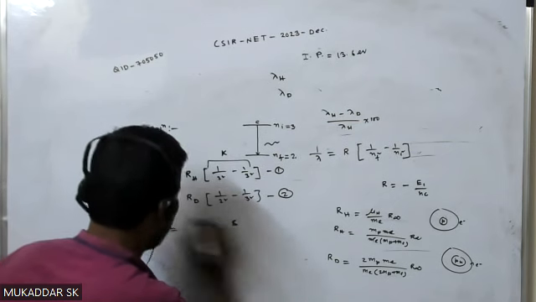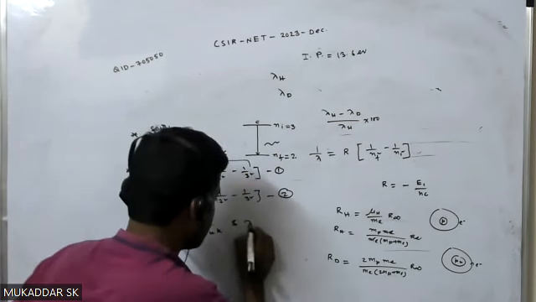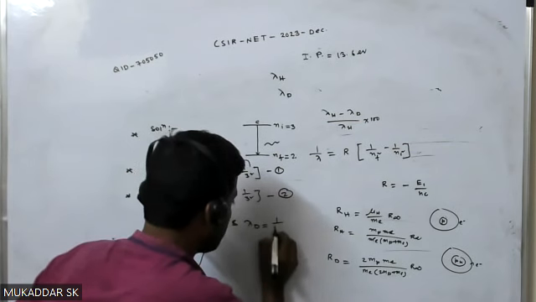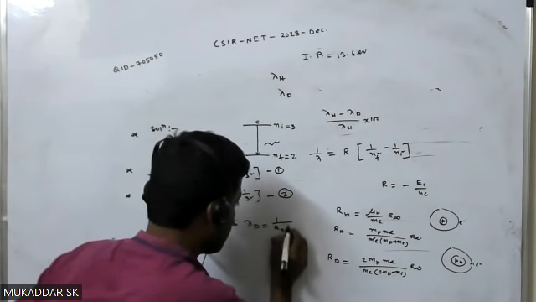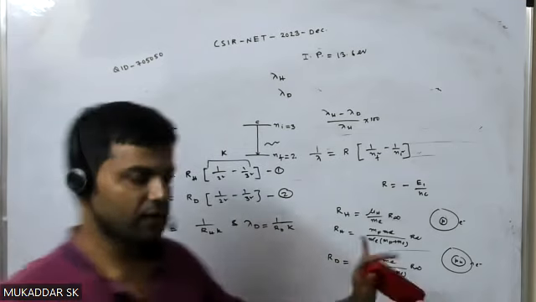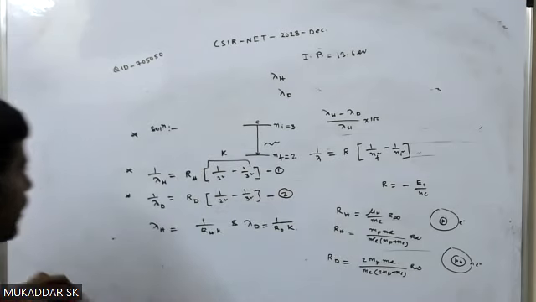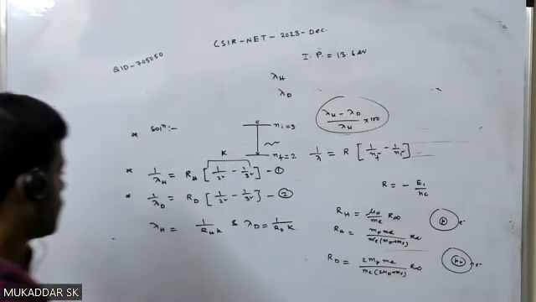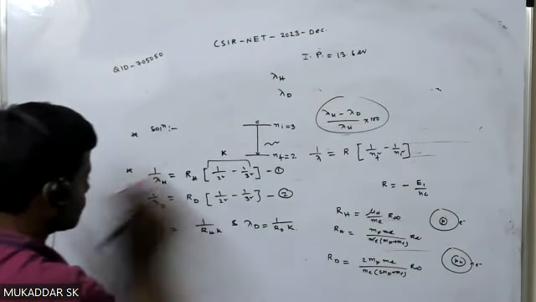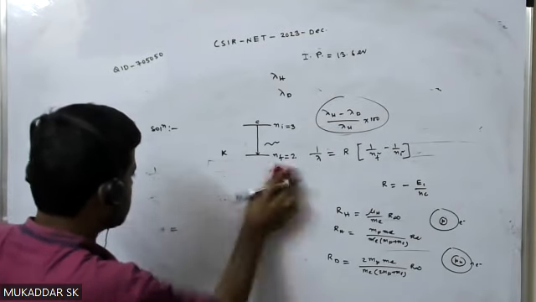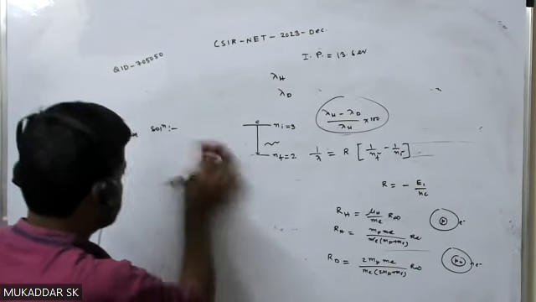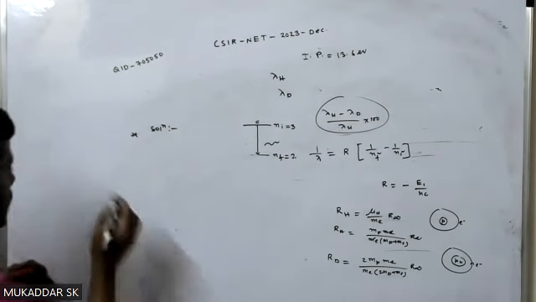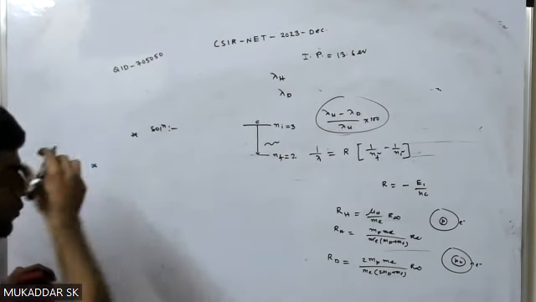The same way, from equation 2, lambda D will be 1 by R_D into k. You have already calculated R_D and R_H, so now I can proceed to get the approximate value.